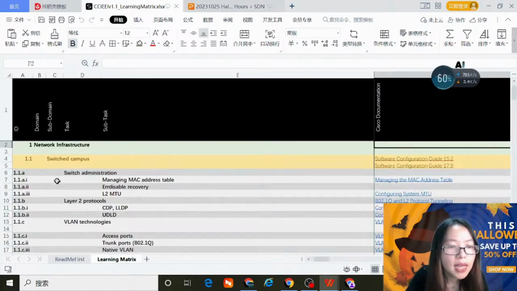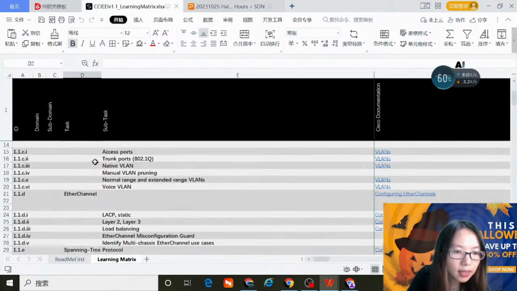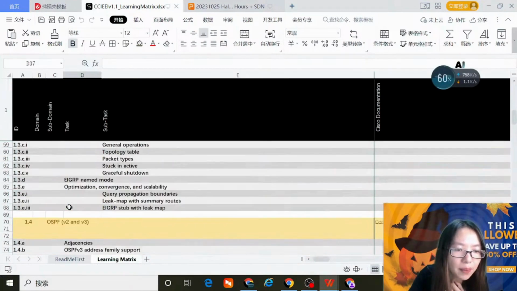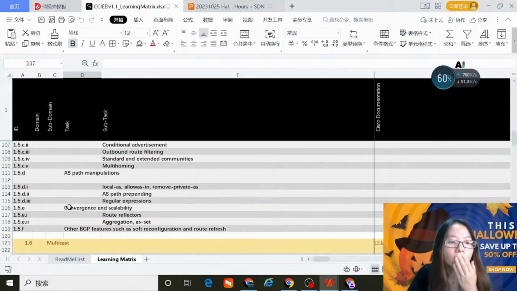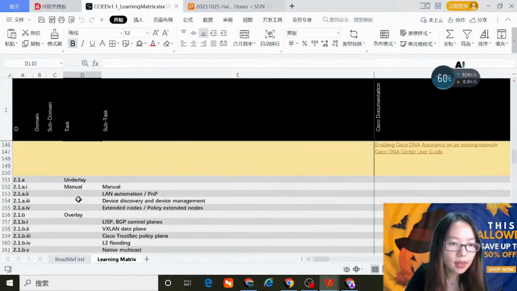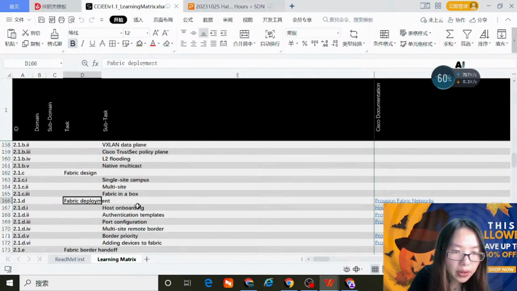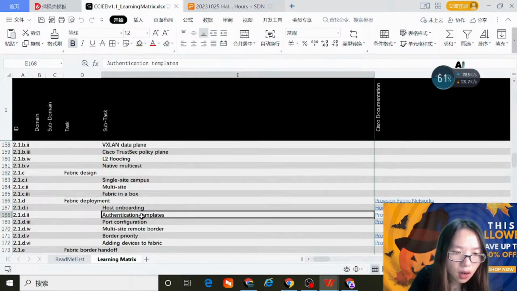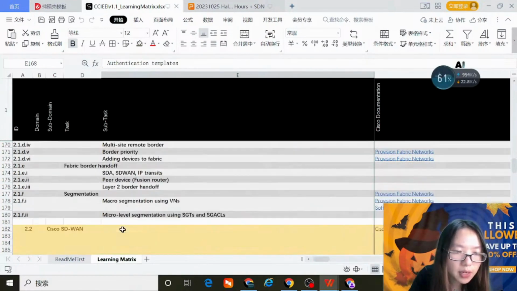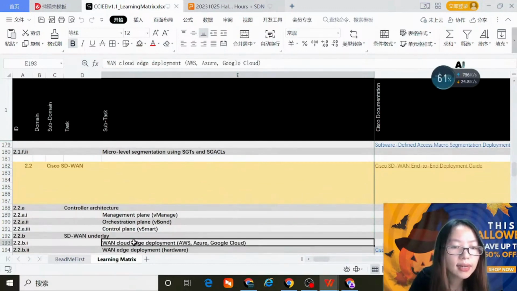Okay, you can see these are our switch, network infrastructure, and the EtherChannel, spanning tree, and the routing protocols EIGRP, OSPF, BGP, multicast, and SDN overlay fabric deploy, authentication template, and SD-WAN fabric segmentation, and SD-WAN controller. Okay, SD-WAN underlay.